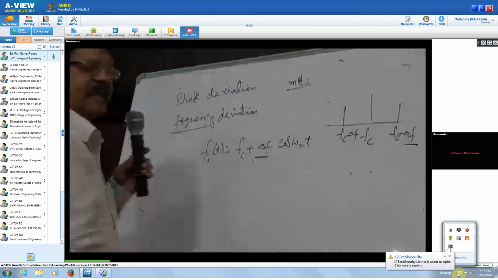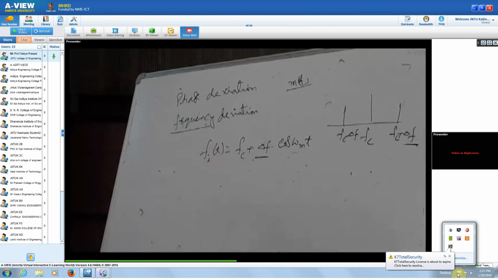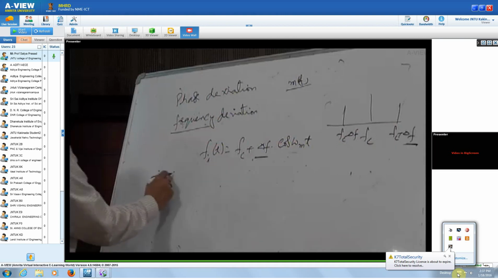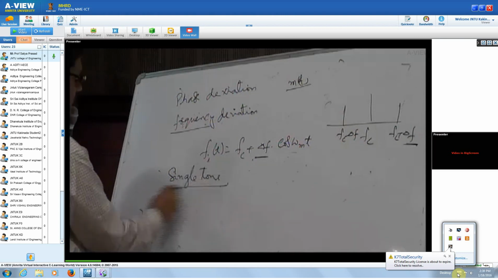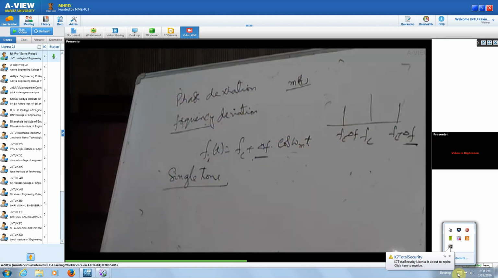So how do we get this phase deviation and the frequency deviation? For the time being, let us consider that a single tone modulated signal is available to us.